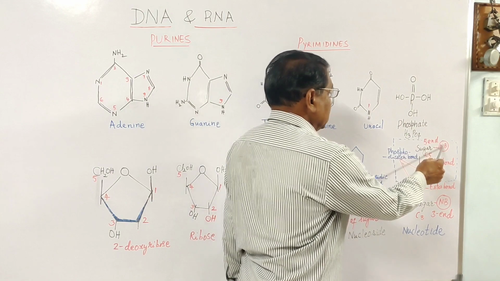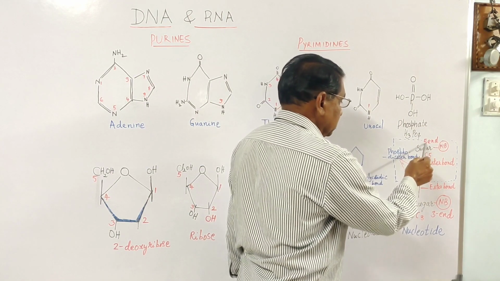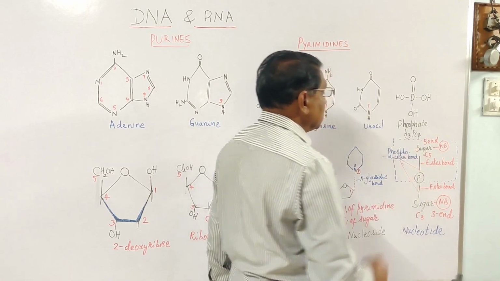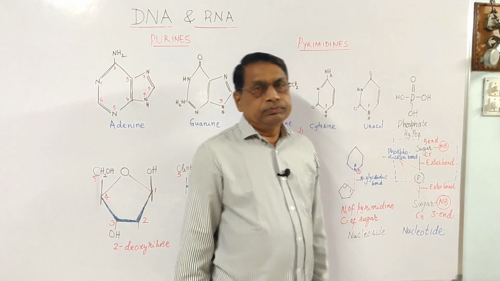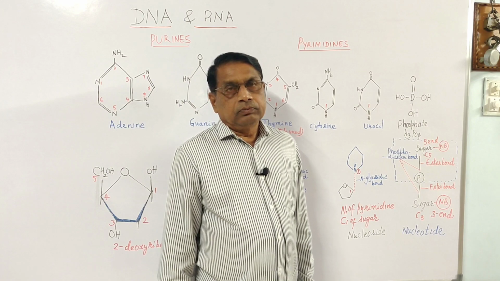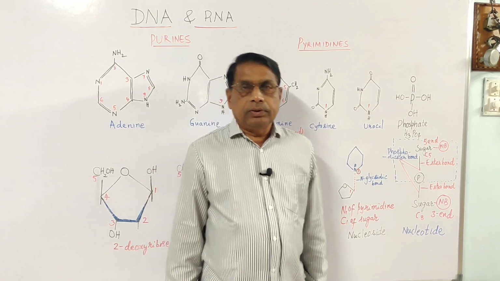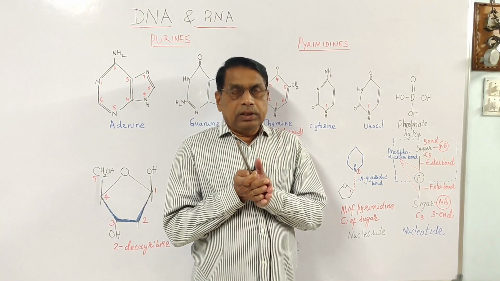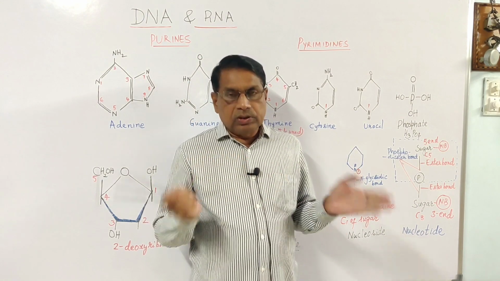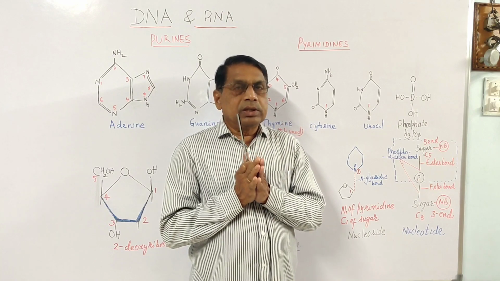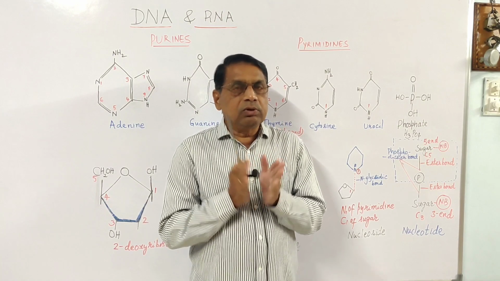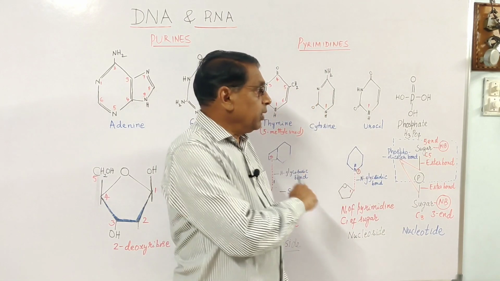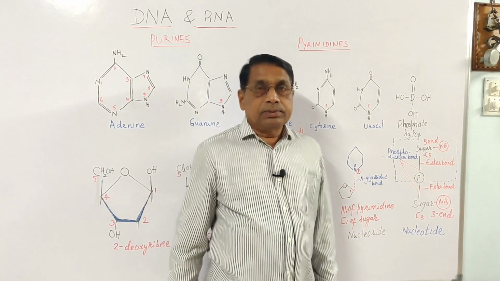If this is uracil and this is ribose, then this will be known as uridylate. In the next video we will see the structure of DNA with the knowledge of these structures, because in order to understand the DNA structure and RNA structure, we must clearly understand the structures, the bonding and other aspects of this.